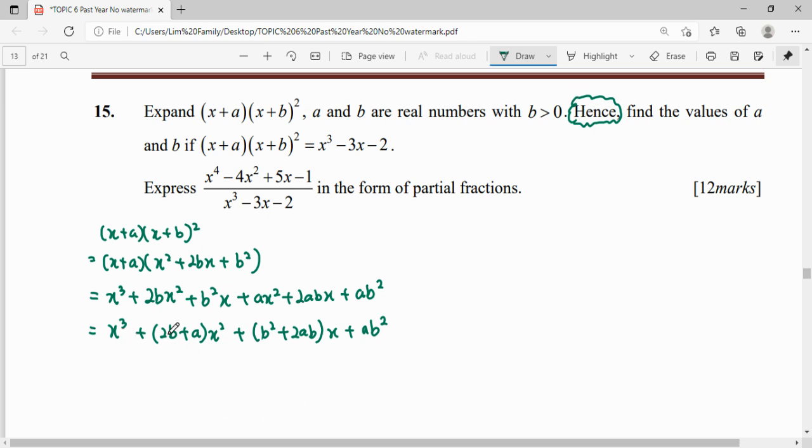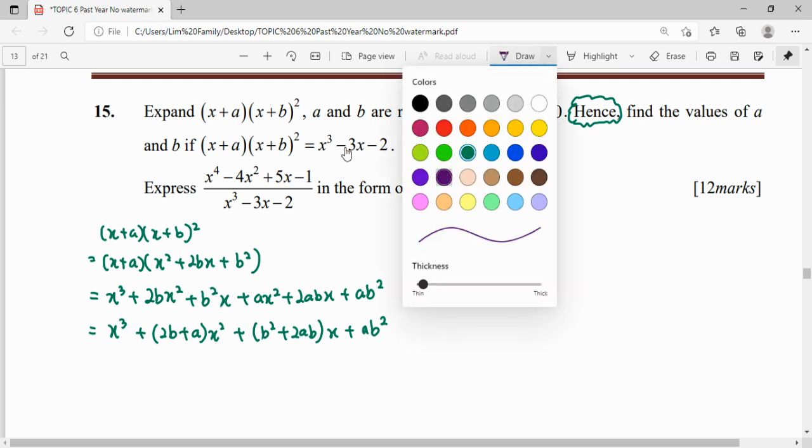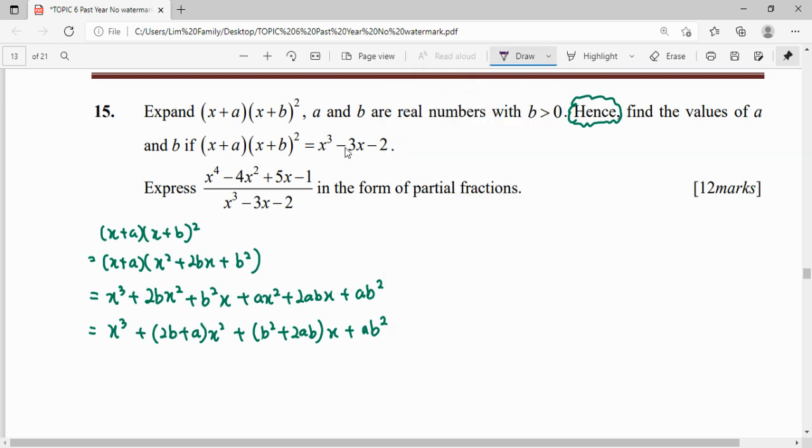Hence, I will use this expansion and compare it with x³ - 3x - 2.